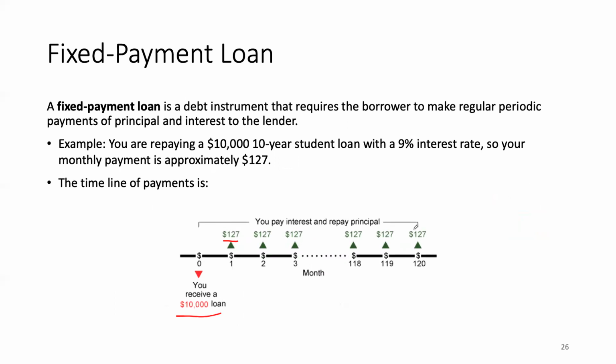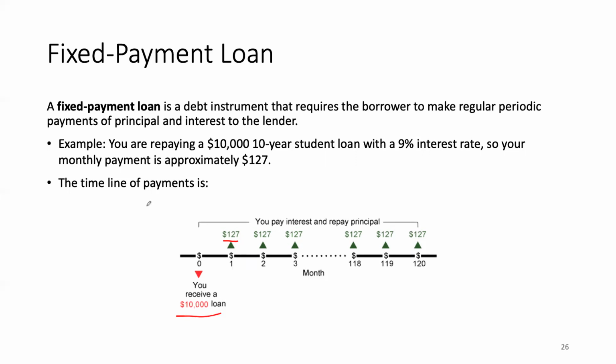It amortizes. So every period when you send me a payment, you're not only paying me the interest which is owed for that period, so on the 9% interest rate that is owed for that period, but you also make an additional payment, which basically goes towards writing down the principal. So you're not only servicing the interest portion of the debt, you're also writing down the principal at the same time.